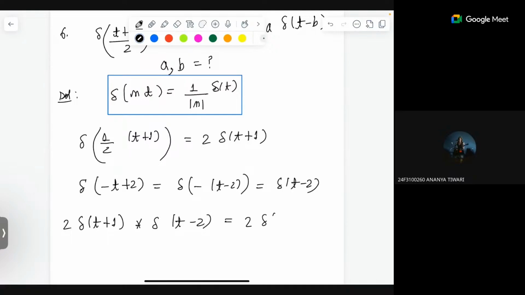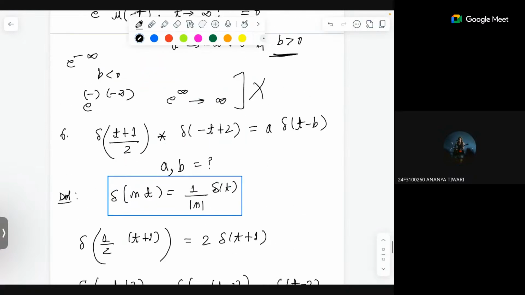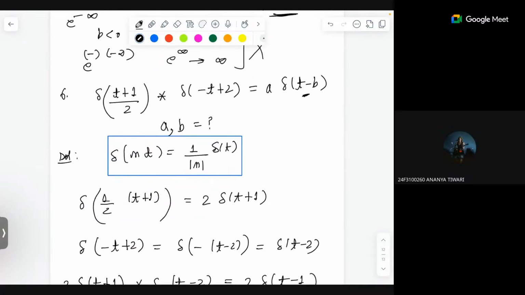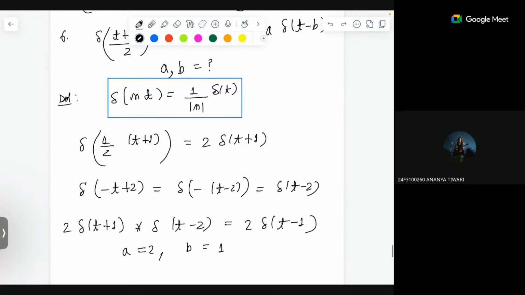So 2 times delta of t minus 1. Delta convolved with delta will come as delta. These time shifts will be added and the amplitude after multiplication will be 2. So that means A is 2 and B is 1, because in the question there was minus. Minus was already there, right?